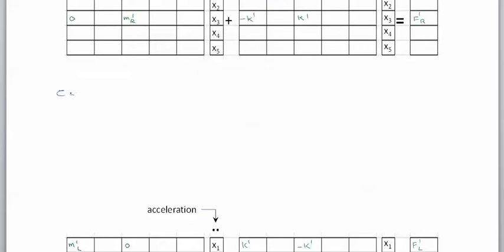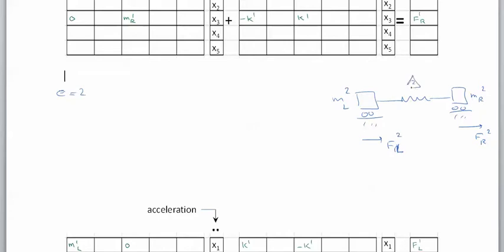So let's draw that for the sake of completeness. ML from element 2, MR from element 2, this is FR2, and this is FL2. Okay? And this is element number 2.